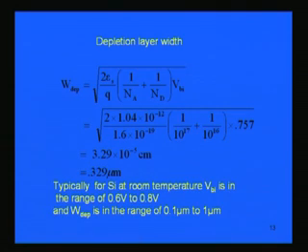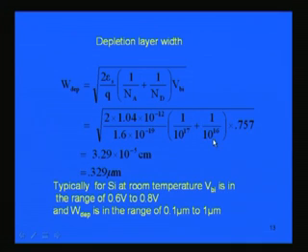Similarly, if we want to find out the width of the depletion layer, we can calculate it for this example using this expression, substituting all the information given to us. Epsilon s and q we know, Na and Nd we already have, and VBI, the barrier potential or built-in potential, we have found just now, is 0.757 volt.